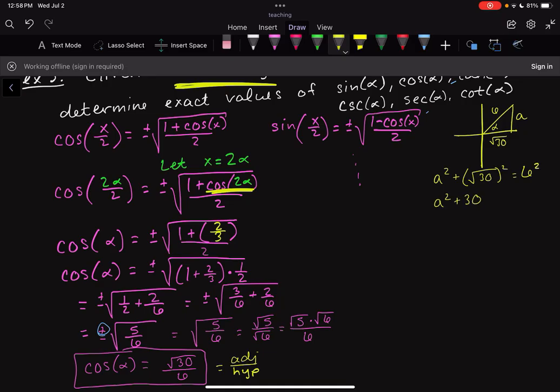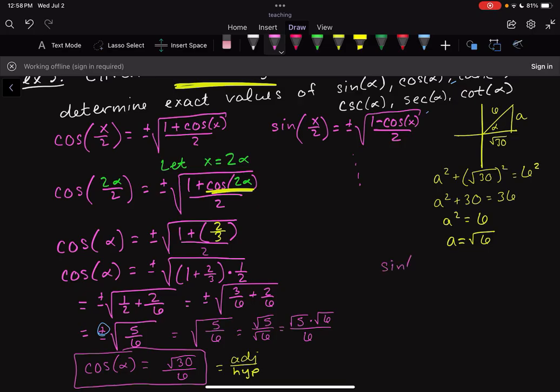So this would give me a squared plus 30 equals 36. So then I get a squared equals 6, if I subtract that 30, so a equals square root of 6. And so that's my opposite side. So now I can go get everything.